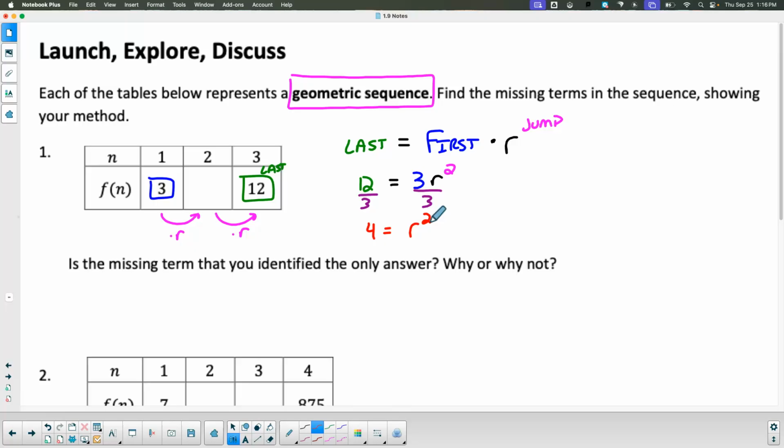Still want to get R. Do I have R by itself? No, I got R squared. So how can I get rid of the R squared? Just make it R. It's being squared, right? Can't divide by 2.